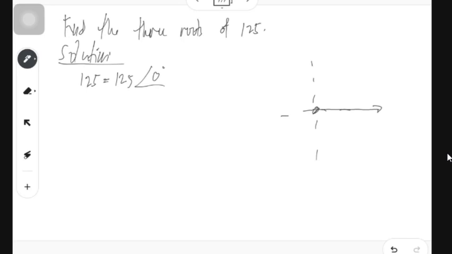Do you agree? Look at the position of the vector. This is 125. The position is directly horizontal. There's no inclination. So the angle must be 0.